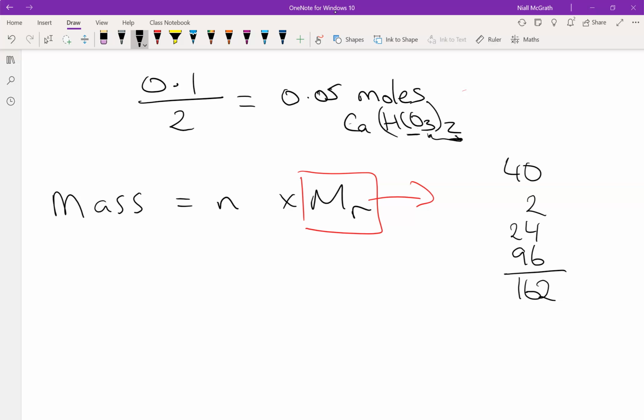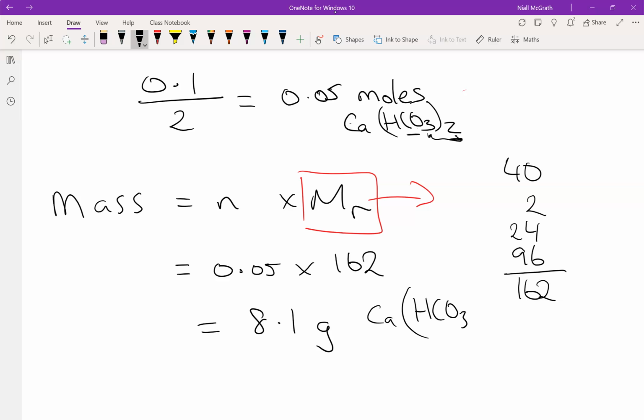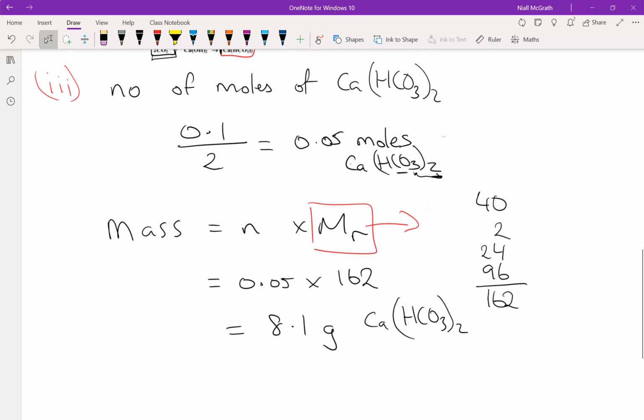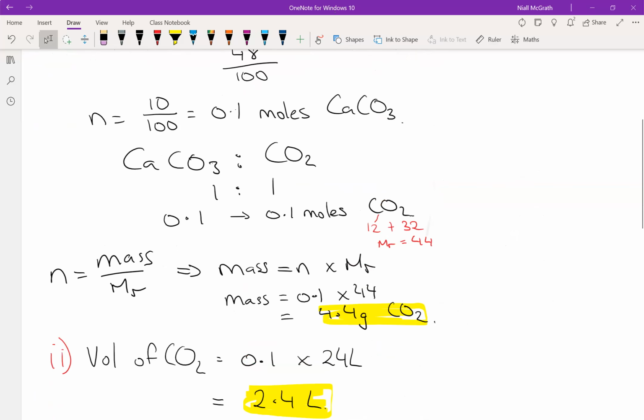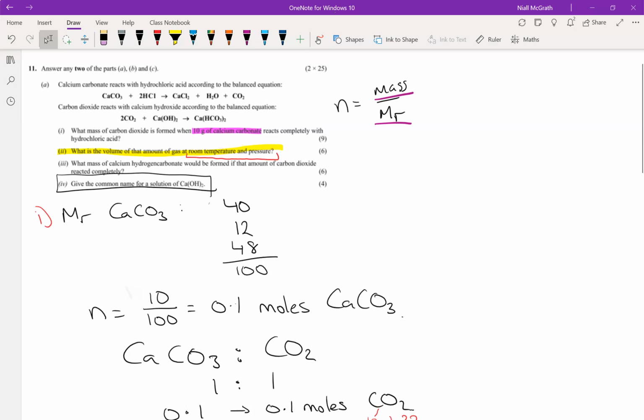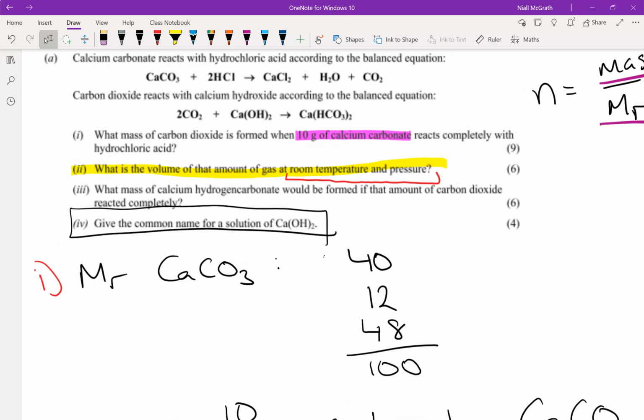You have 0.05 moles multiplied by 162, and that gives you 8.1 grams of CaHCO3. Okay, and that's the end of your calculation. Again, as I mentioned, part 4, that is called calcium hydroxide.